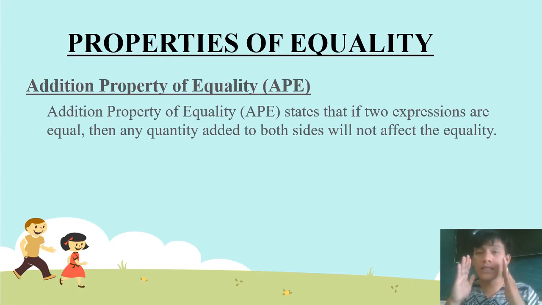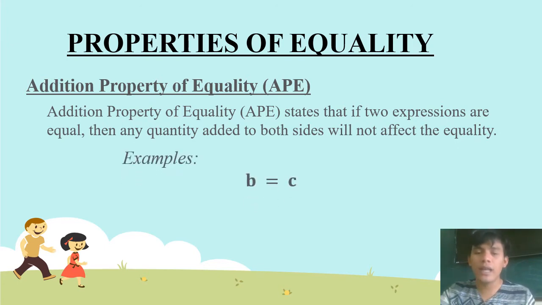Then the result is still the same. I will give you an example. B is equal to C. B plus 4 is equal to C plus 4. Even though we add 4 here and also to the right side, the equality is not affected.